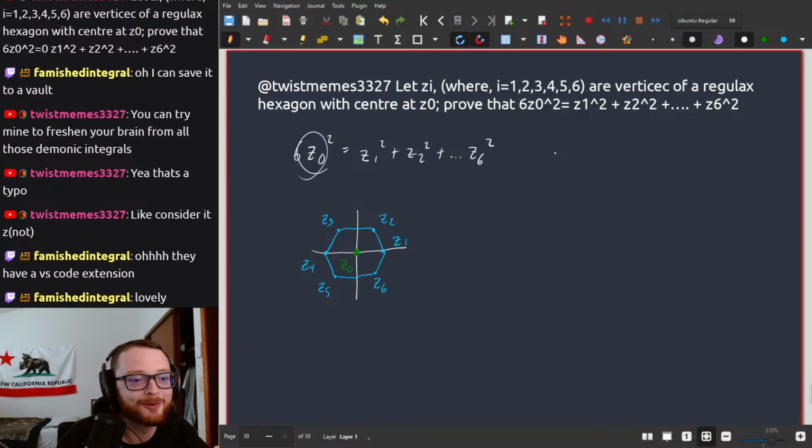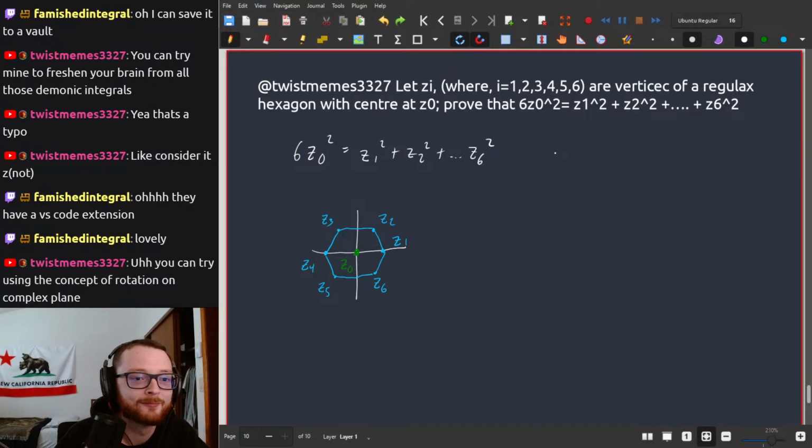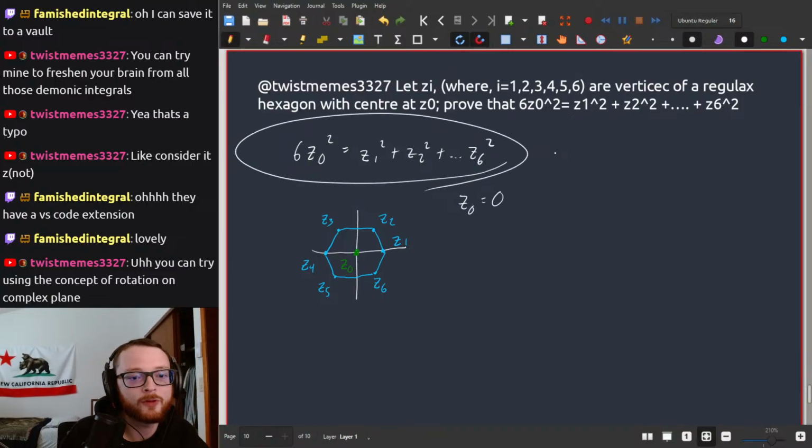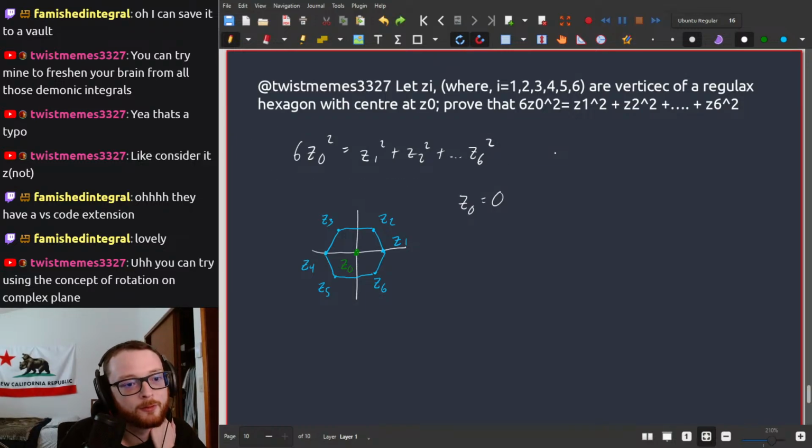So here, z0 is 0. Oh wait, we are squaring things. That does change this. Okay. If you remove the squares from this, I think this would follow really directly. It should still follow, though. Ooh, does it, though? Those won't cancel anymore.